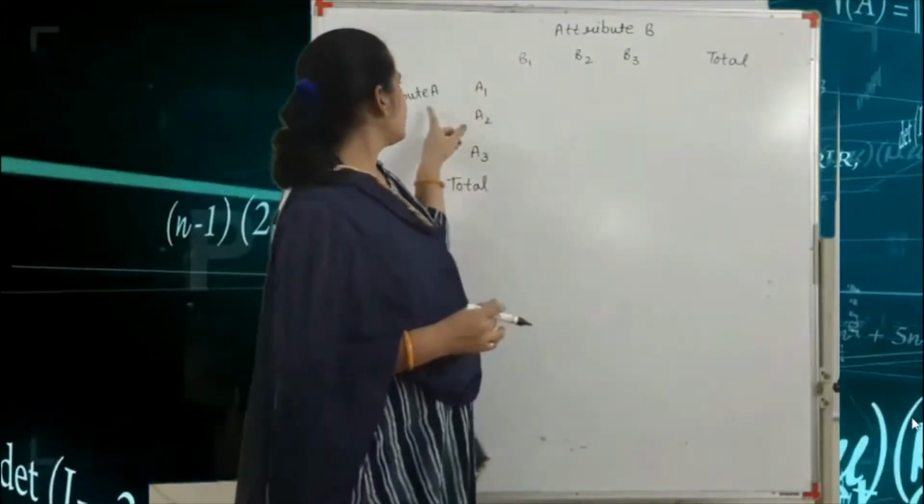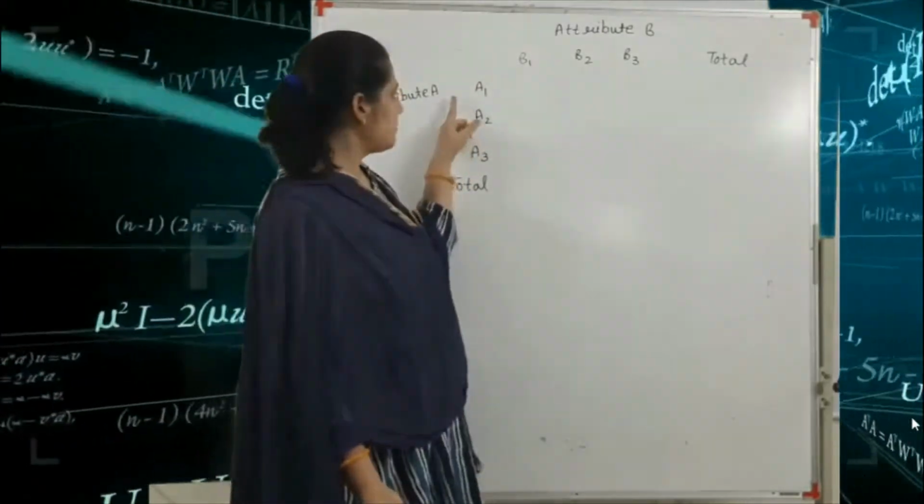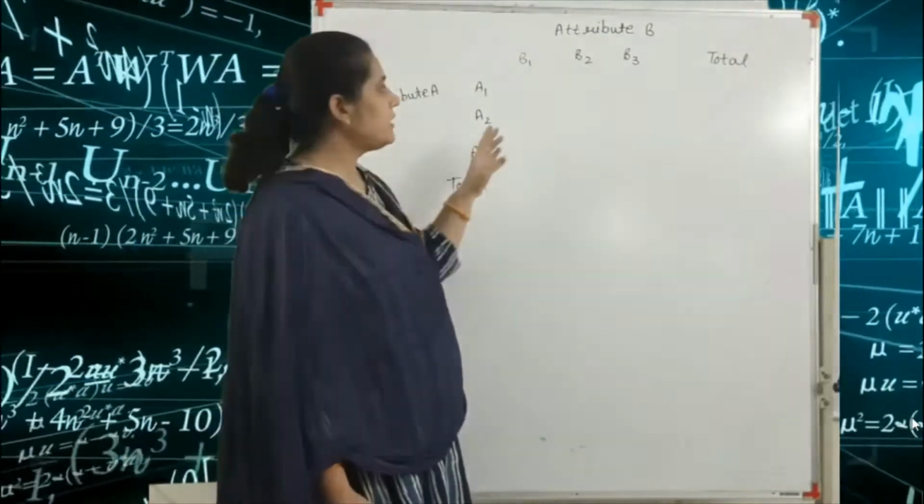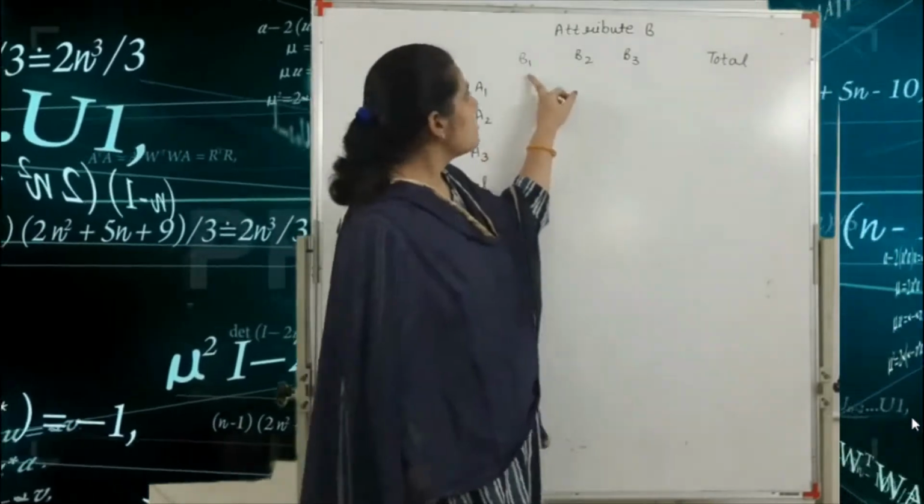Here we are given attribute A, for example A1, A2 and A3, and attribute B, B1, B2 and B3.